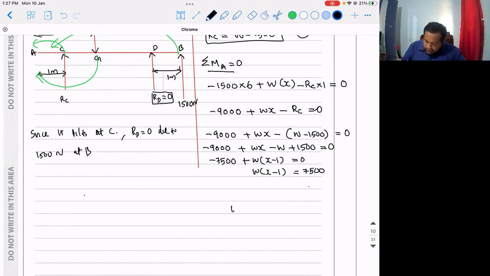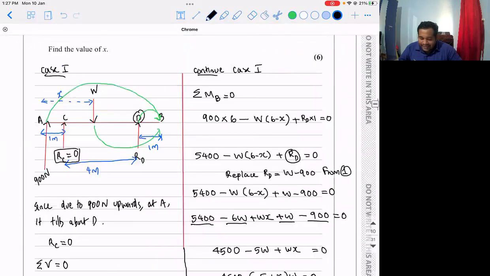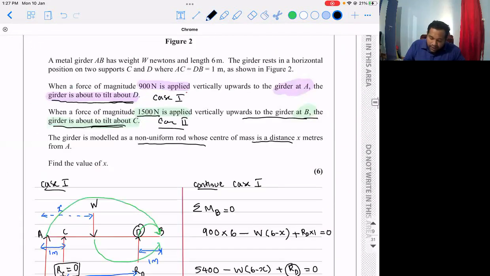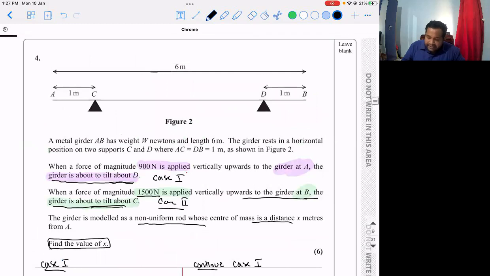So I will put it in a box. W times x minus 1 is equal to 7,500. So that is what? That is equation B. What is our question? Find the value of x.